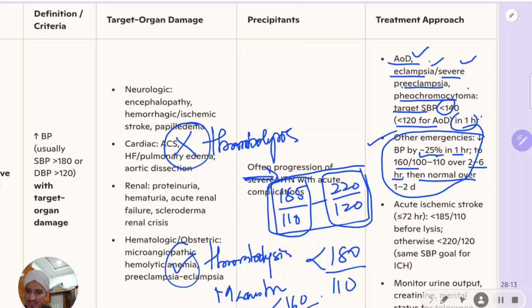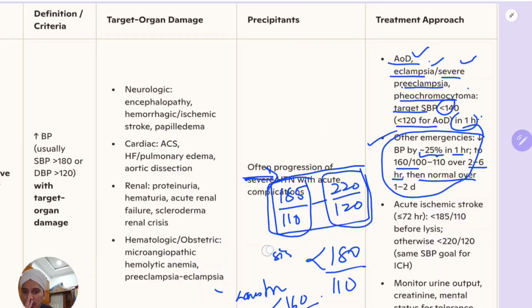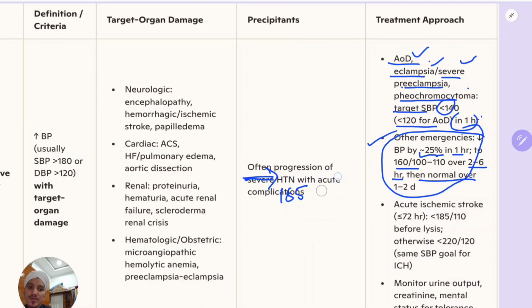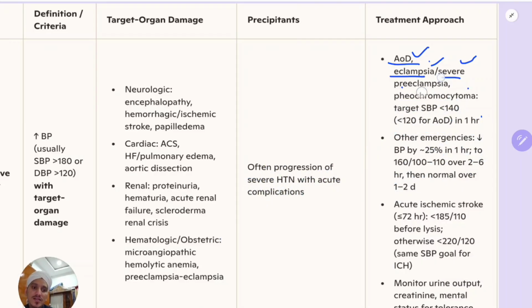When there is stroke, very importantly, you should not reduce the BP very much, but very gradually, particularly in ischemic stroke.